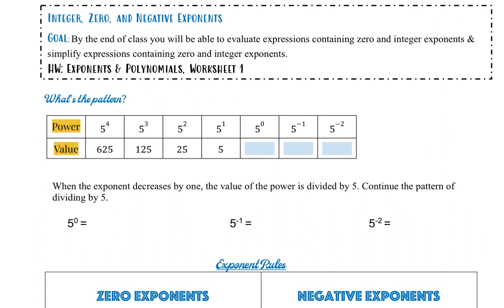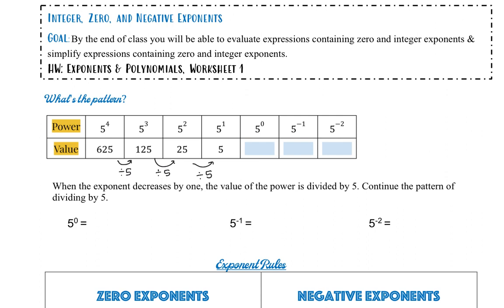So 5 to the power of 4 equals 625. 5 to the power of 3 equals 125. To get from 625 to 125, we have to divide by 5. To get from 125 to 25, we divide by 5 again. To get from 25 to 5, we also divide by 5.